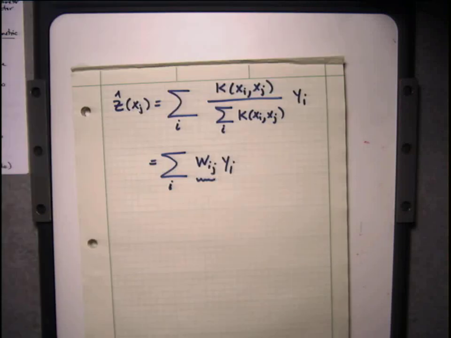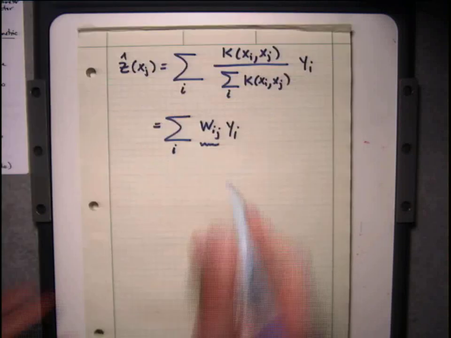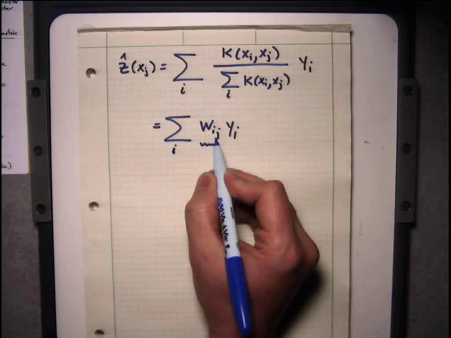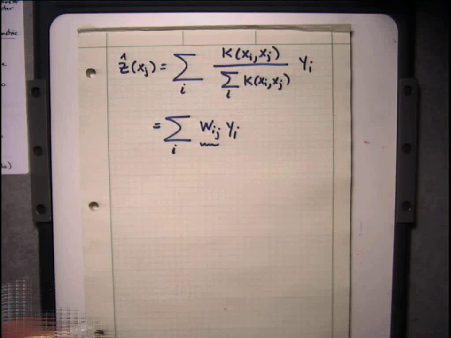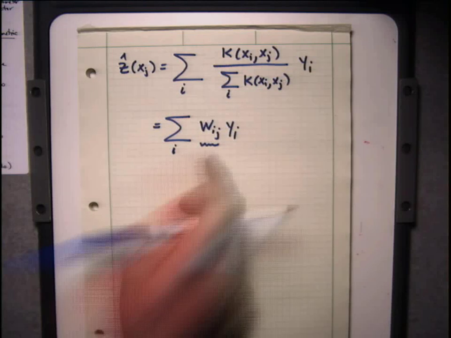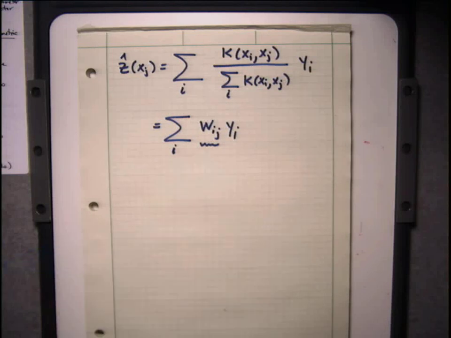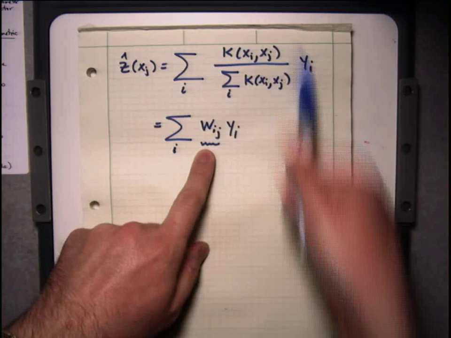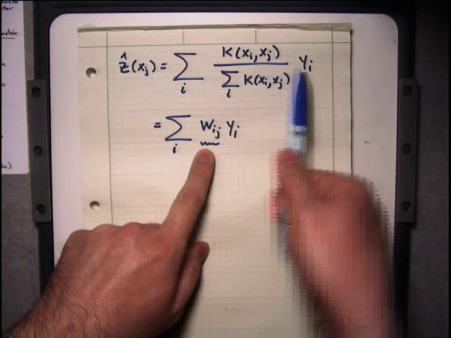Another interesting aspect of this is that these weights, just like 1 over n when you had n samples, the weights in front of them were 1 over n. You summed up n 1 over n's, you got 1, right? Here the same thing is true. If you take these weights and sum all the ones in front of yi, you get 1.